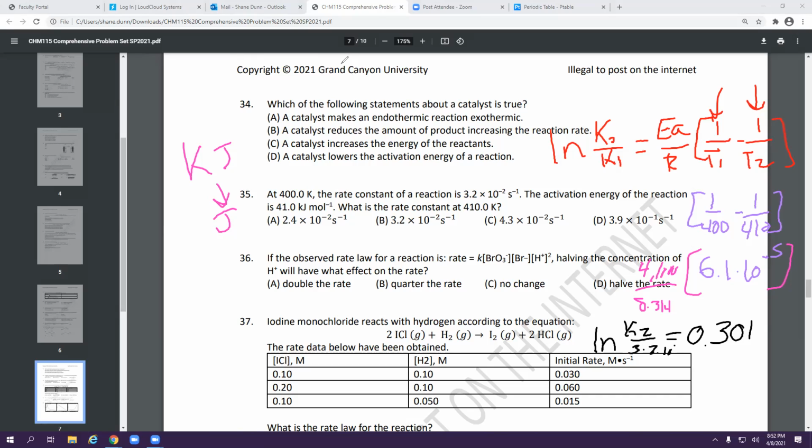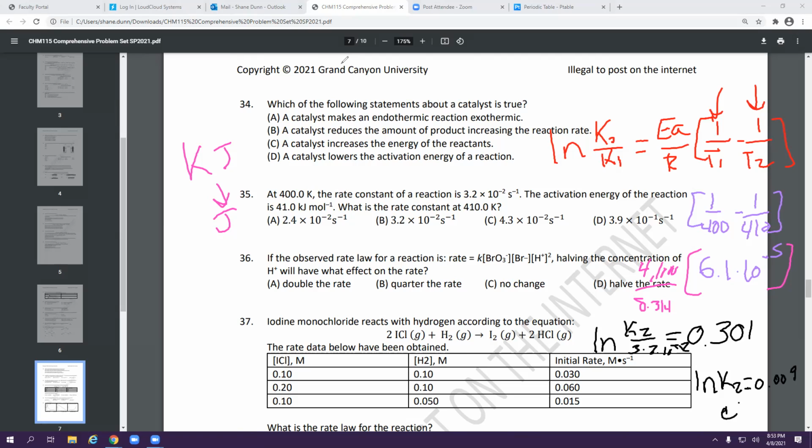So that's times 3.2 times 10 to the negative second. Nope, parentheses go down there. And then now I have the ln of K2 is equal to 0.009, right?